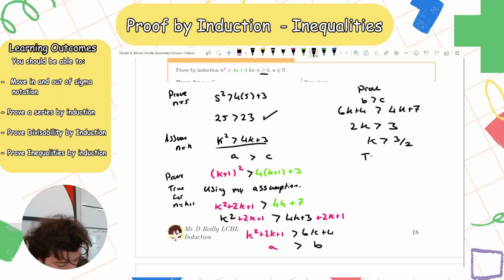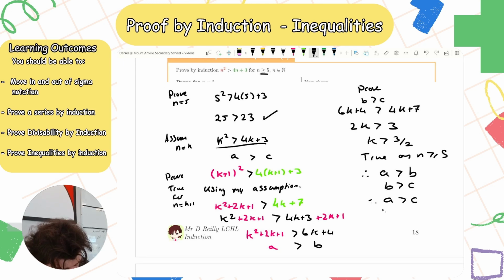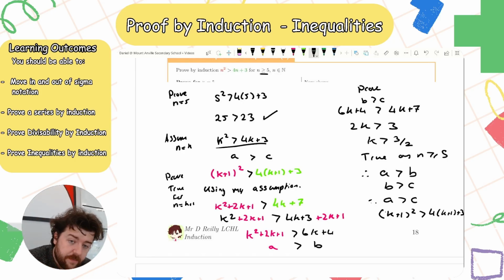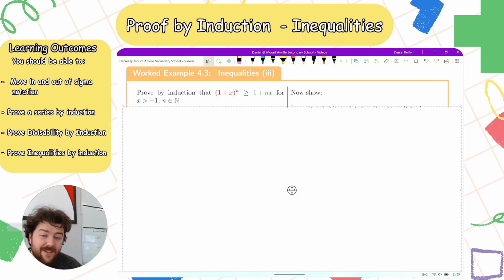Yes, it is true as n is greater than or equal to 5. So therefore, a is greater than b, b is greater than c, therefore a is greater than c. So I have here now k plus 1 squared is greater than 4 times k plus 1 plus 3, therefore proven by induction. Right, so let's look at another example here.